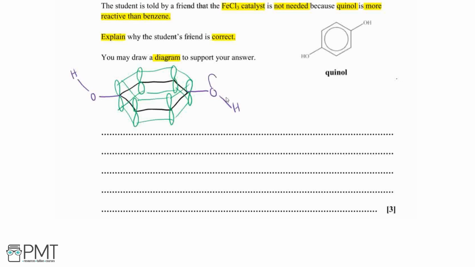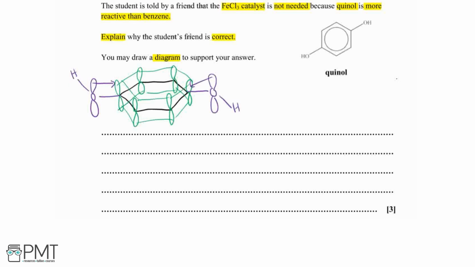And one of these lone pairs is going to be held in a p orbital that is in the same plane as the p orbitals from that benzene ring. Therefore, we're going to get some partial delocalization into that ring. So we're adding more electron density into the ring overall.